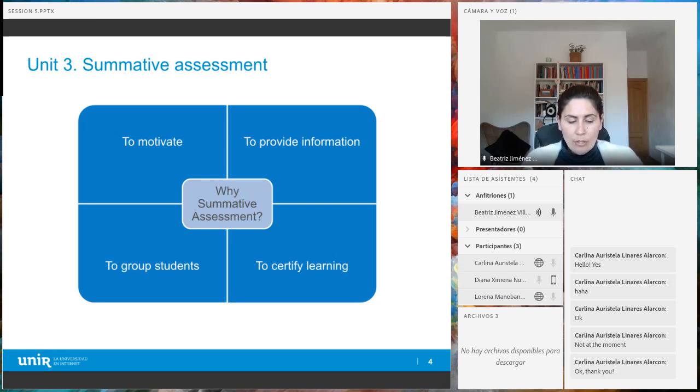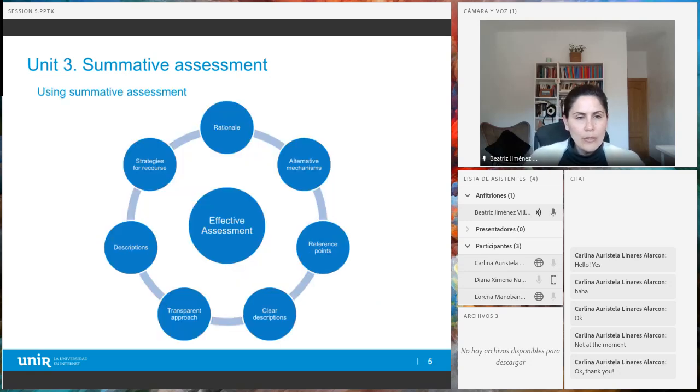And of course, we can use it to certify learning or to award a qualification for our students. So those are the things that we would do. When we're using summative assessment, there are different ways that we can use to provide effective assessment of learning.